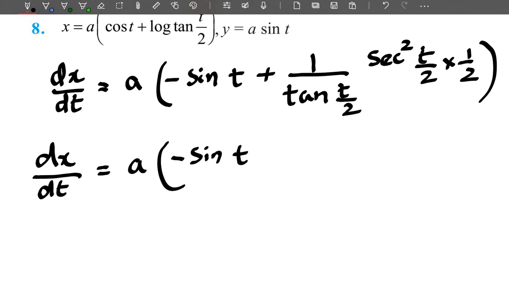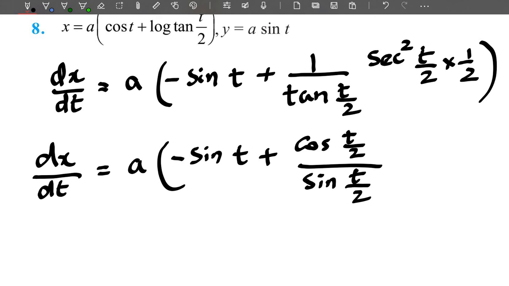So that cos t by 2 goes to the numerator, and it becomes cos t by 2 in the numerator with sin t by 2 in the denominator. So we are converting tan to sin and cos. So this is secant square t by 2, and this 2 comes to the front here. So this is what we have.